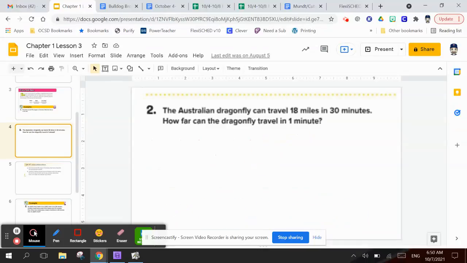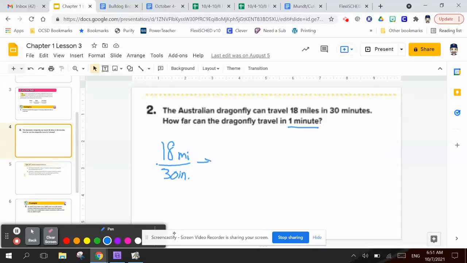Let's look at example number 2. It says the Australian dragonfly can travel 18 miles in 30 minutes. How far can the dragonfly travel in 1 minute? So it tells you right here what our denominator is going to be. So we have 18 miles in 30 minutes.